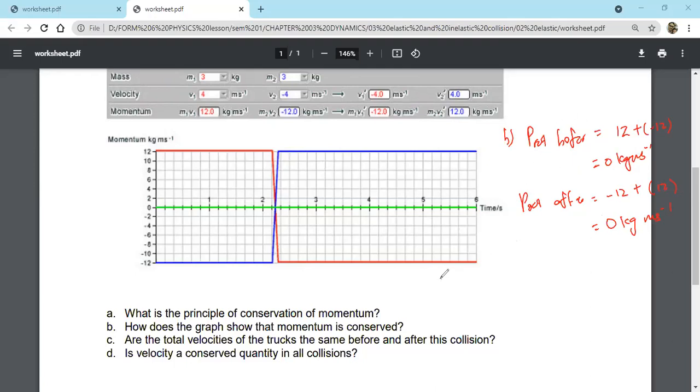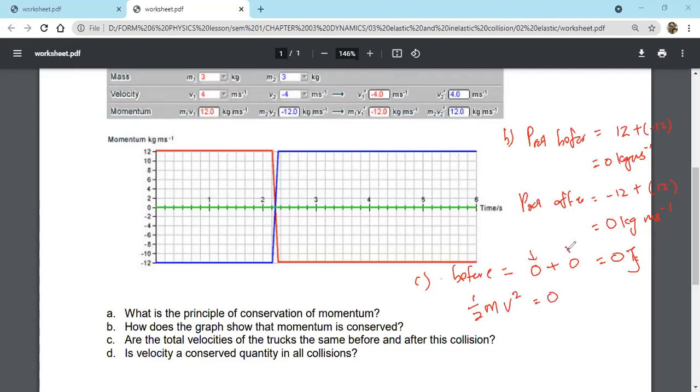Next, are the total velocity of the trucks the same before and after the collision? For total kinetic energy, before equals 0 plus 0, still 0 joule, because the kinetic energy 1/2 mv squared is equal to 0.